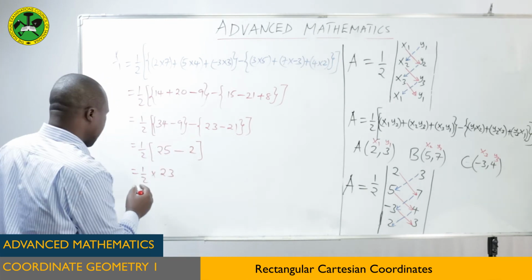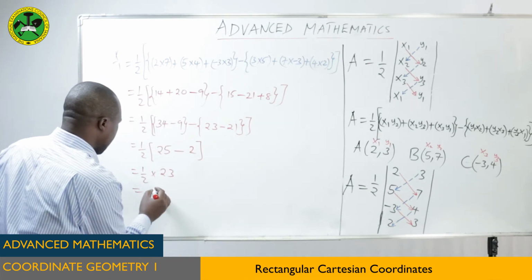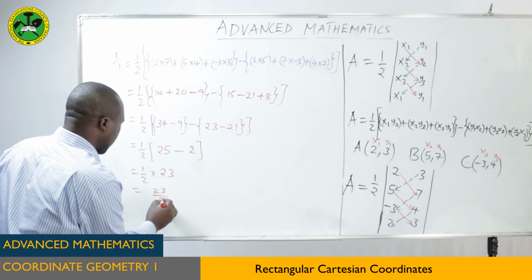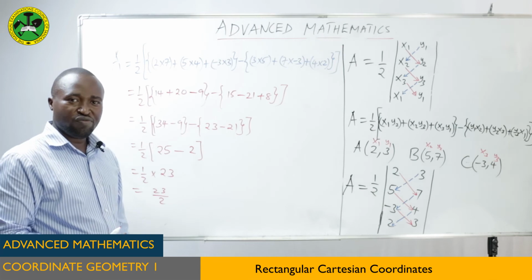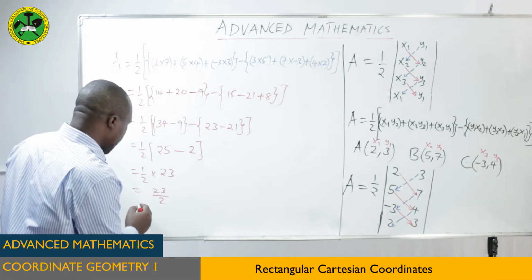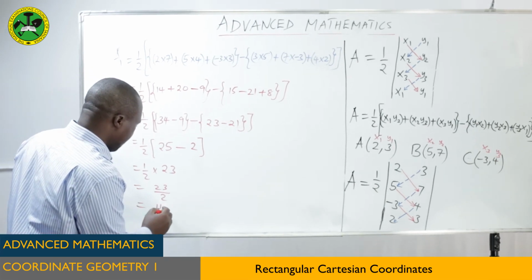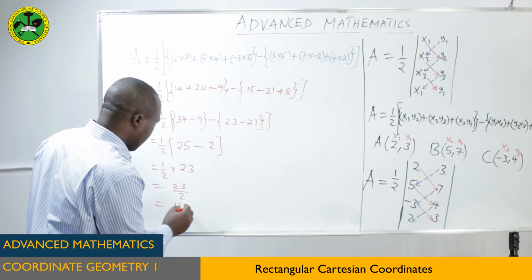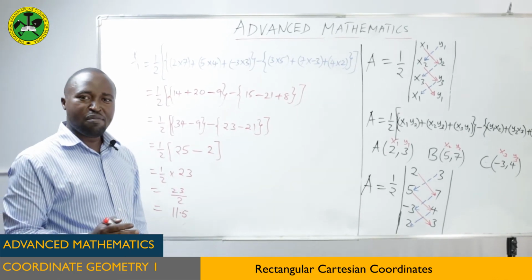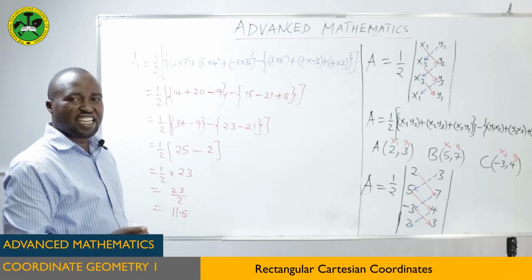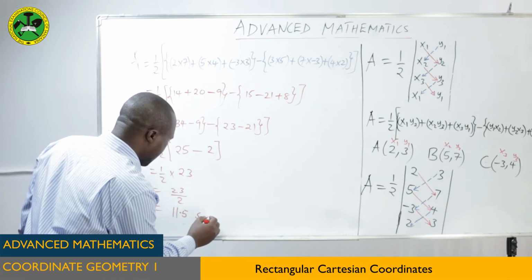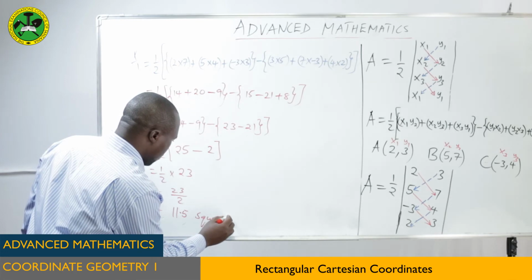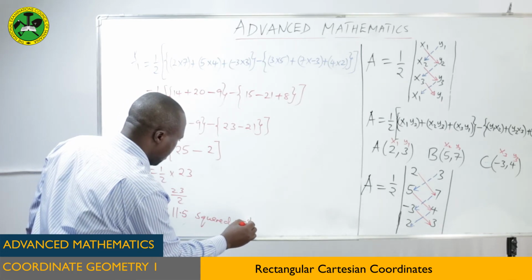So it's the same as 23 over 2, or just 23 divided by 2, which is going to be 11.5. Remember, we are looking for the area of a triangle. So the SI unit is squared units.